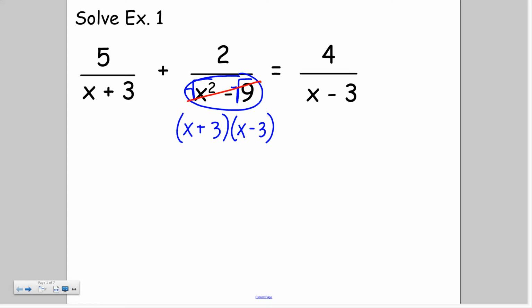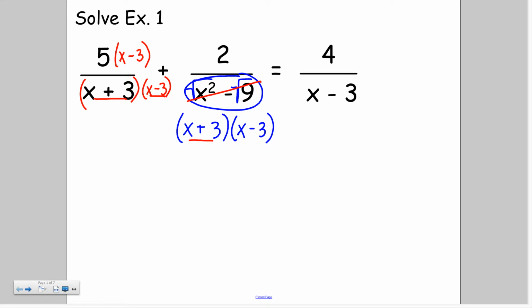So if you look at the first denominator, it has the x plus 3, it needs the x minus 3. What you do to the bottom, you have to do to the top. So the first denominator has x plus 3 and x minus 3.